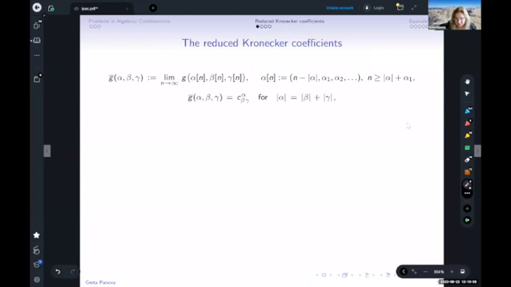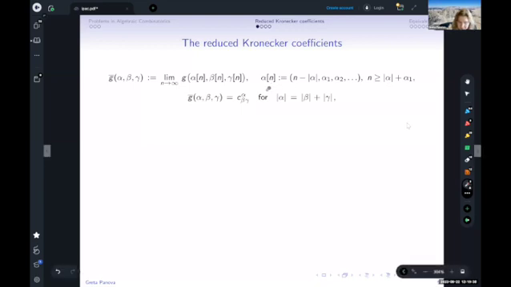So here are the reduced Kronecker coefficients. They are stable limits of the normal Kronecker coefficients, and in that sense, the reduced Kronecker coefficients are already equal to certain Kronecker coefficients by definition. So how do we define them? We take three partitions, alpha, beta, and gamma, and this time they don't need to have the same size.